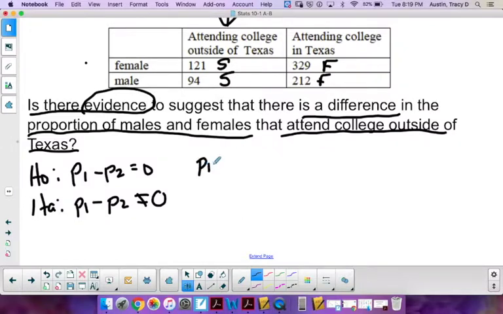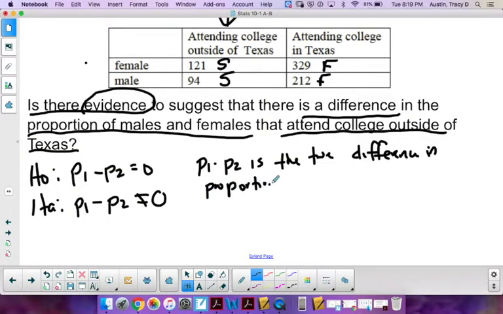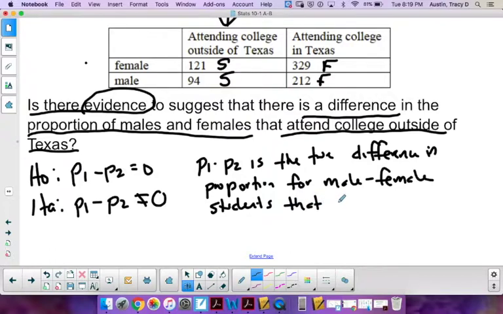And then P1 minus P2 is the true difference in proportion for male minus female students that attend college outside Texas.